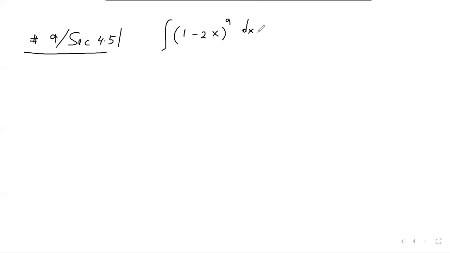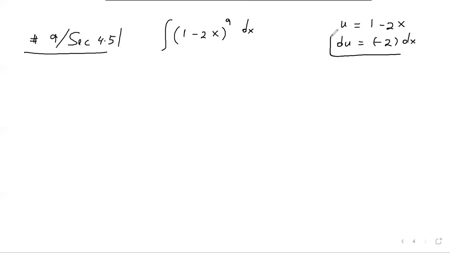Now, what do we do here? So again, let's do the substitution. It's a power, everything is fine here. So we just have to do the substitution u as 1 minus 2x, and we will see that du is negative 2, right? Negative 2 times x prime is 1, negative 2 dx.